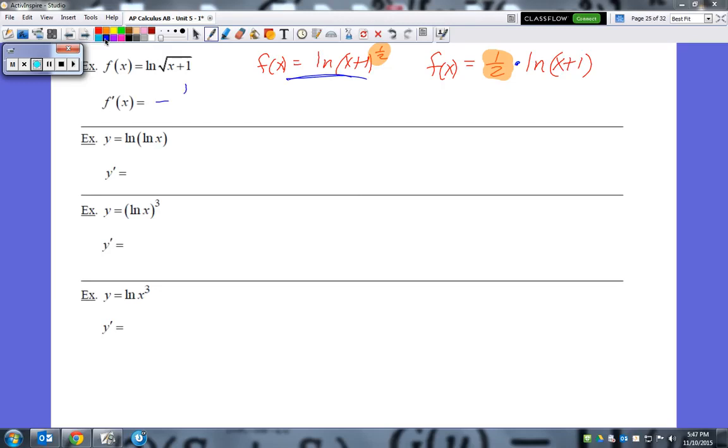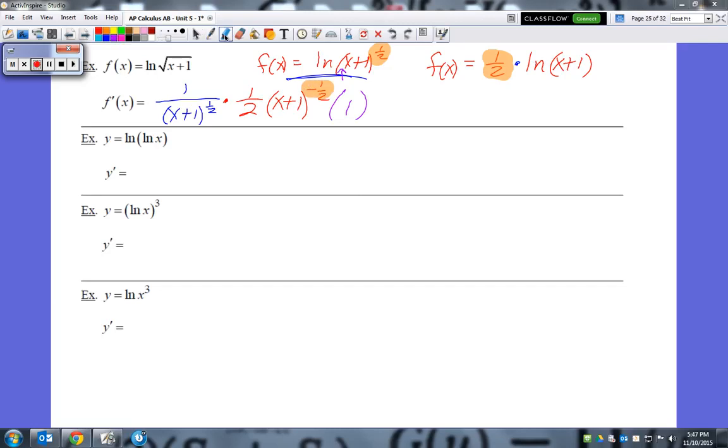It will be 1 over the stuff, which is x plus 1 to the 1/2, times the derivative of the stuff. So the derivative of stuff is chain rule. 1/2 times x plus 1 to the negative 1/2 times the understood 1 coefficient that exists in front of that x. Now how does that all simplify?